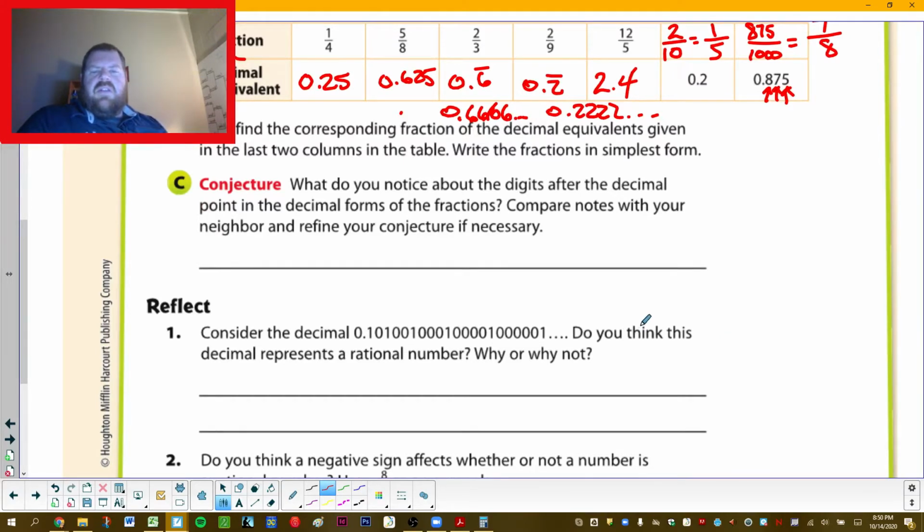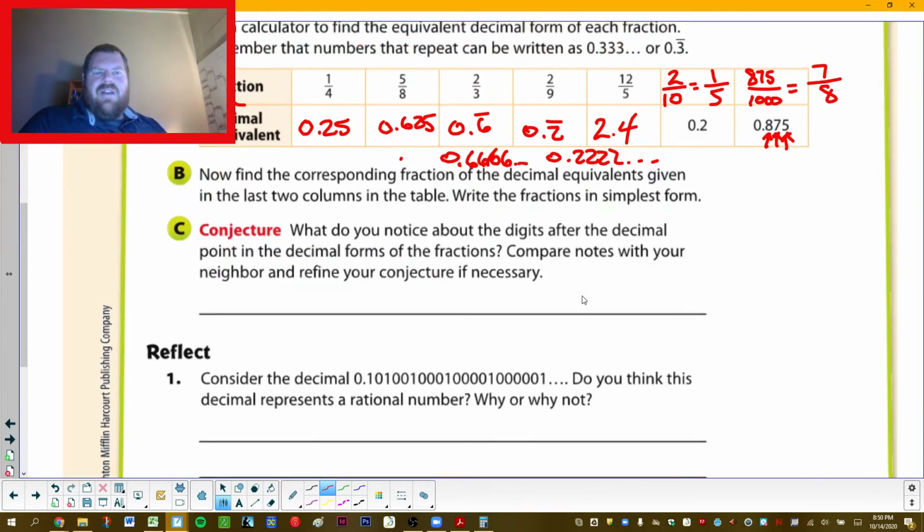I've looked at this a couple times and I still don't know exactly what they're looking for here, so I'm just going to skip this. But it says, what do you notice about the digits after the decimal point in the decimal forms of the fractions? The only thing that I can really think of is they're trying to get us to say something. I mean, like I said, I couldn't really tell you what it is. I could say maybe it's the first decimal, the first digit.